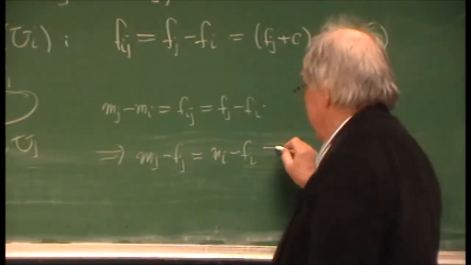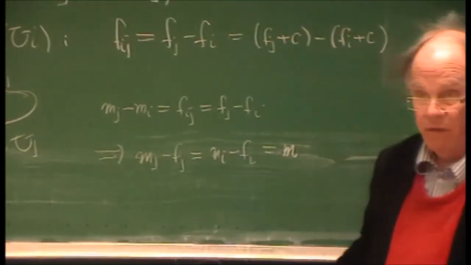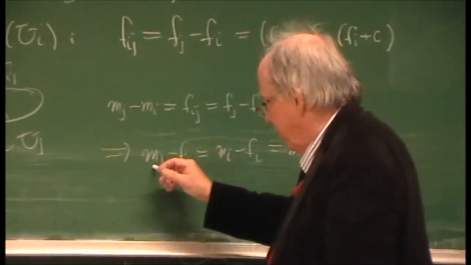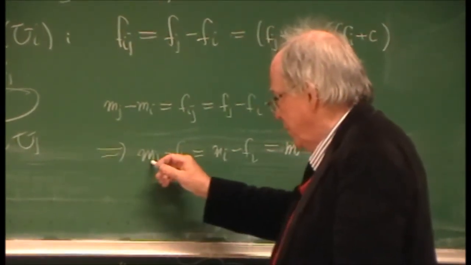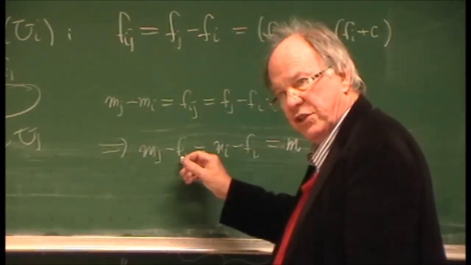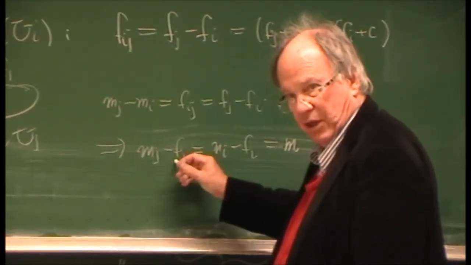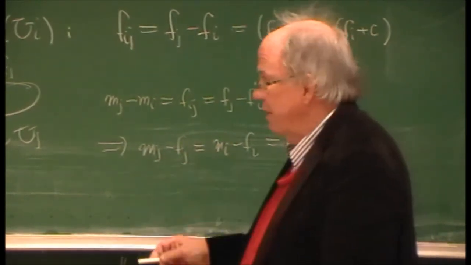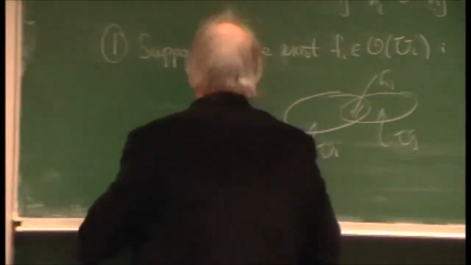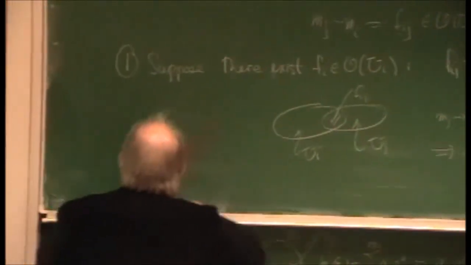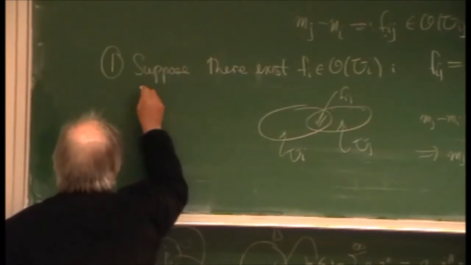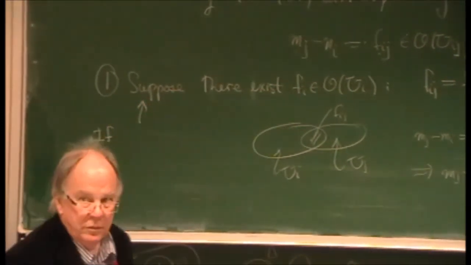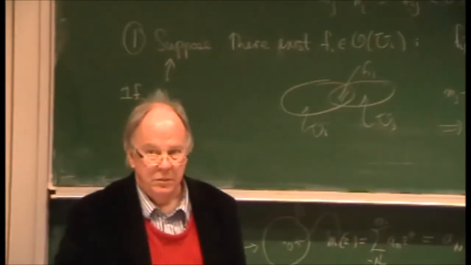This says that I have defined a global meromorphic function with principal parts given, because I only adjusted these Mj's by holomorphic things. So if so, then there is a global meromorphic function. You can identify the section with something.